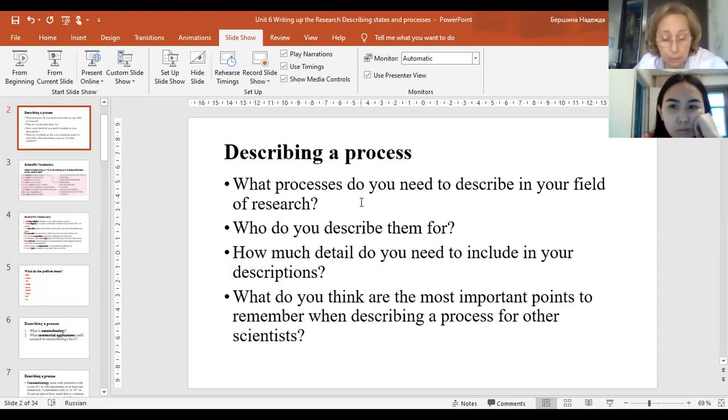Okay. So, and Aidana, what about you? What kind of processes are important for you now? So the processes, I'm still thinking about it. You mean like a physical, chemical process?